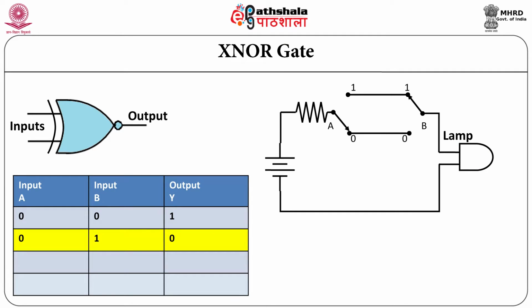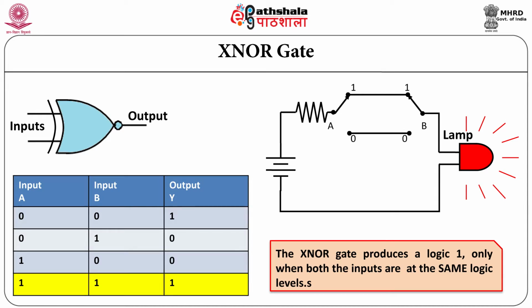The output of the XNOR gate is low when one of the inputs is high. The lamp is off when one of the switches is closed. The output of the XNOR gate is low when any one of the inputs is high. The lamp is off when any of the switches is closed.